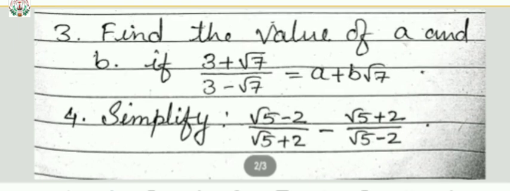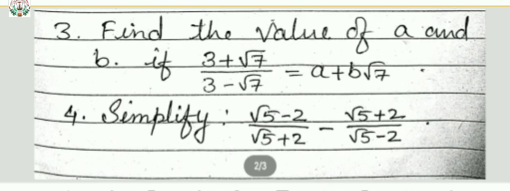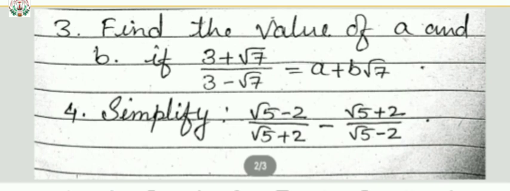Since a minus b is given in the denominator, we have to multiply with a plus b to get the a square minus b square formula. That is why we multiply 3 plus root 7 to the numerator and denominator.